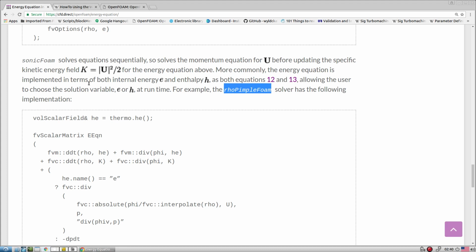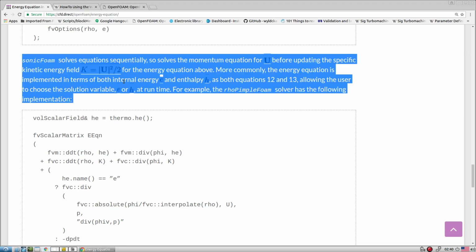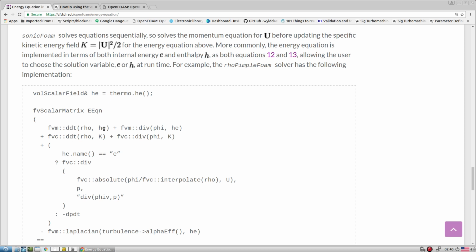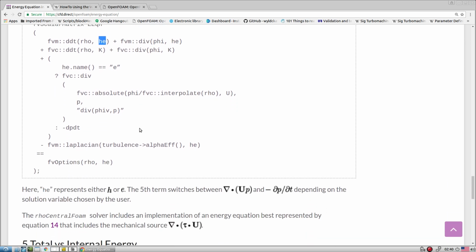The energy equation is implemented in terms of both internal energy as well as enthalpy, as equations 12 and 13, which you can tune. Based on the requirement, you go with either the internal energy base or the enthalpy base. So that tuning is possible.